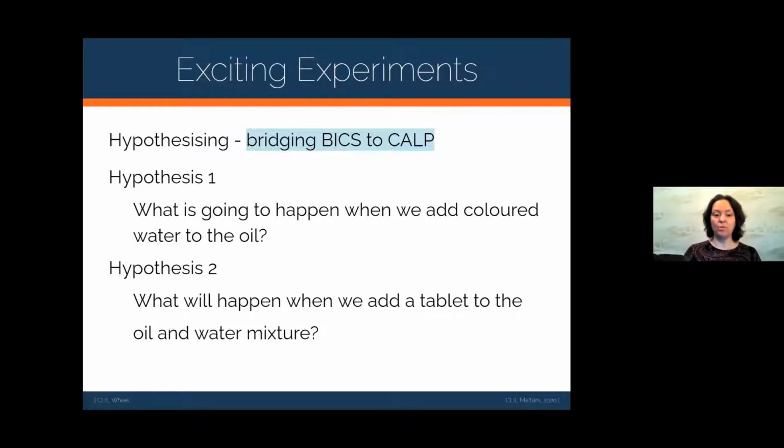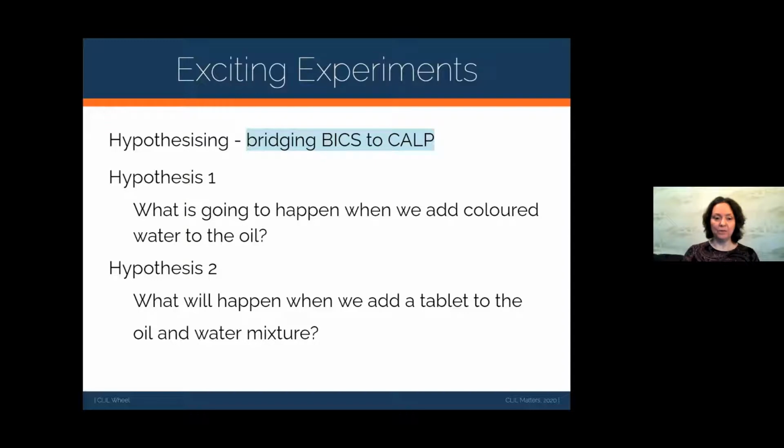They know the words oil or water, but they may not know words like hypothesis, for example. And hypothesis or hypothesizing is CALP, so cognitive academic language proficiency. I want them to know and understand and use academic language.